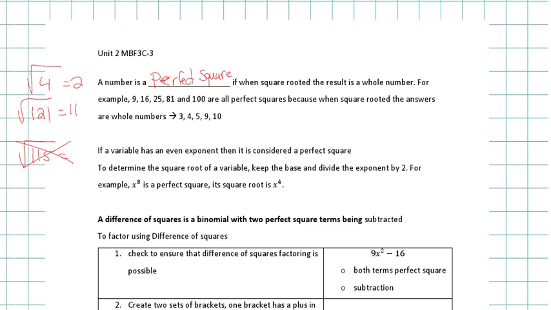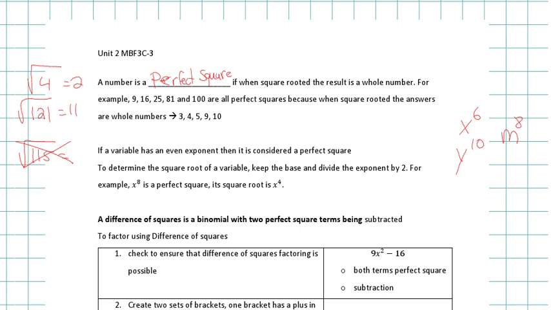A letter would be a perfect square if the exponent is an even exponent. An example would be x to the power of 6, or y to the power of 10, or m to the power of 8. All of these are perfect squares because their exponent is even.